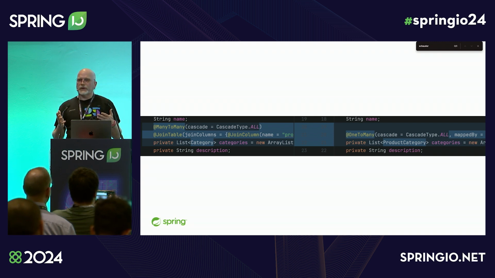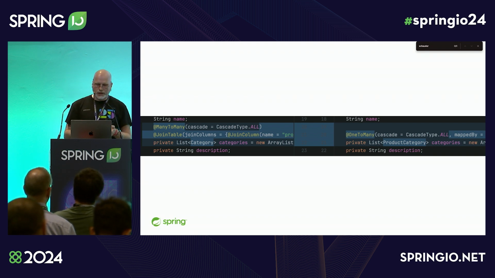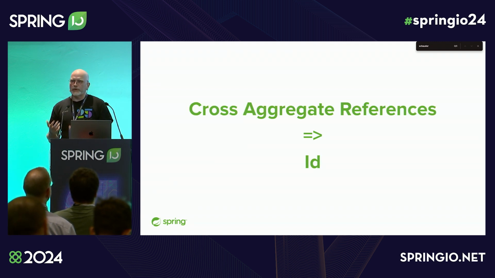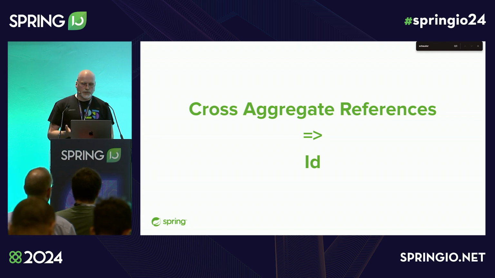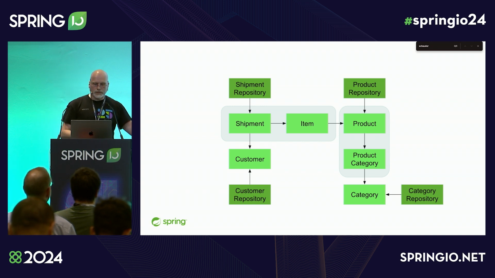Once I'm at this place, I have only 1 to M or M to N relationships, and they are all non-bidirectional. And at this place, I now can change all these references across aggregates and replace them with IDs. So again, our model, all the references that cross aggregate boundaries kind of dissolve.